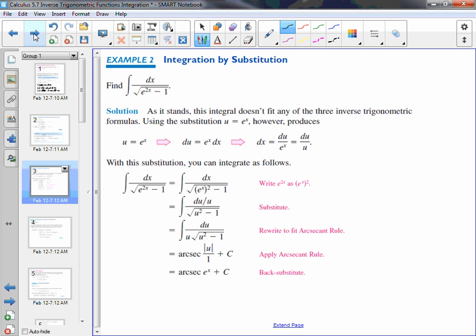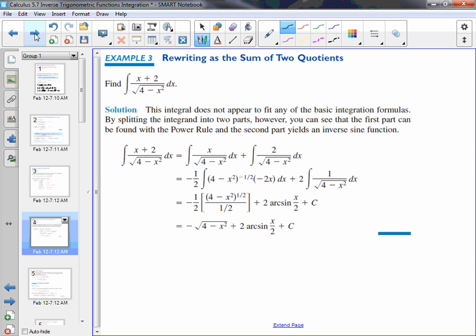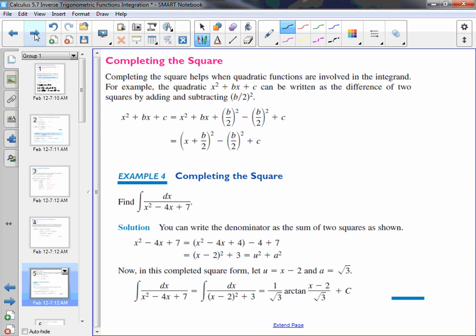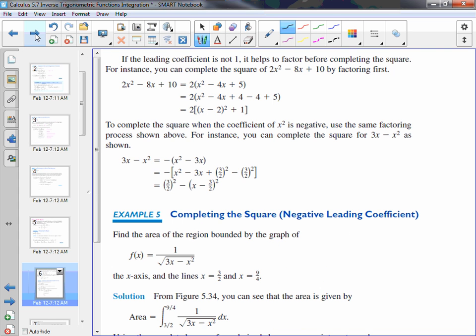and 2, 3. Example 4, you are just going to love completing the square. Example 5, you're just going to love completing the square with an expression that's not built to complete the square.